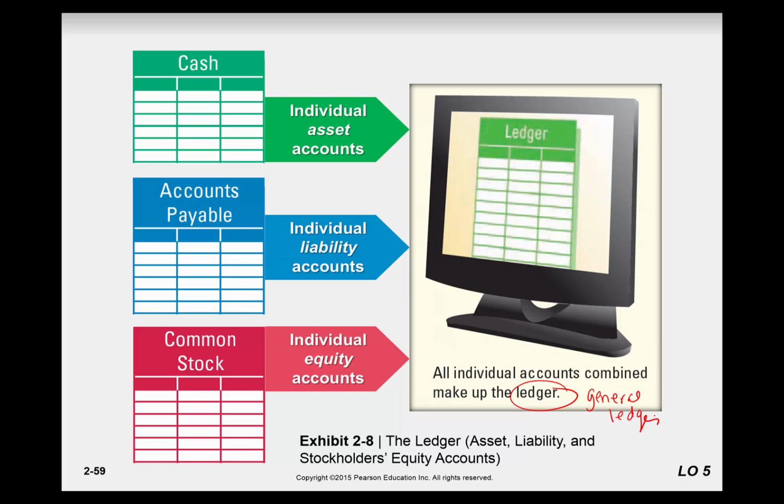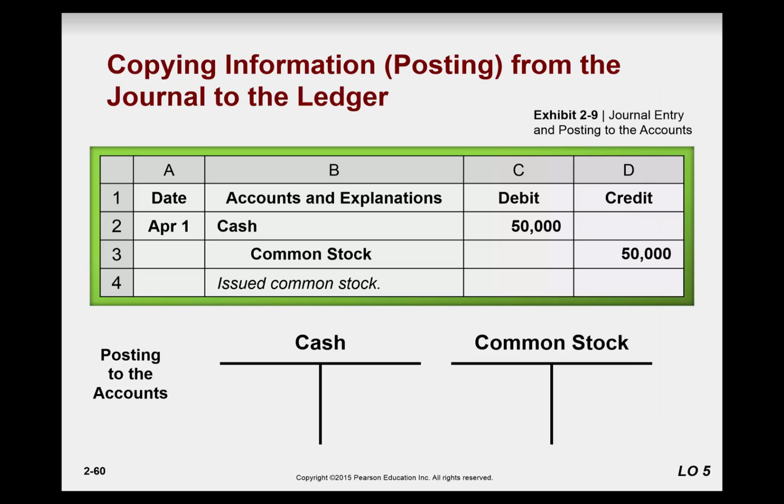Then you'll see cash is a particular asset account, accounts payable is a particular liability account, common stock. For example, you may also have accounts receivable, you may have inventory. For accounts payable, you may have notes payable, maybe wages payable. For common stock, you might have preferred stock, additional paid in capital. Those are all the individual accounts that might be in the ledger.